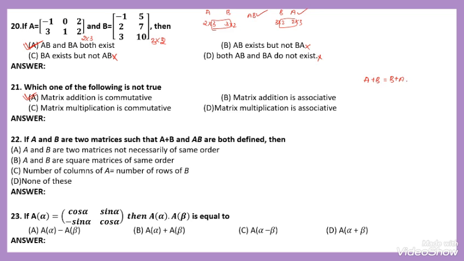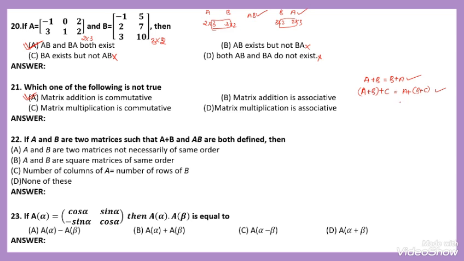Therefore, addition is commutative. Matrix addition is associative. Yes, that is, A plus B plus C is equal to A plus B plus C. Under addition, it is associative.